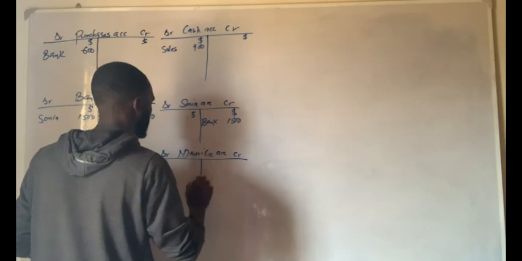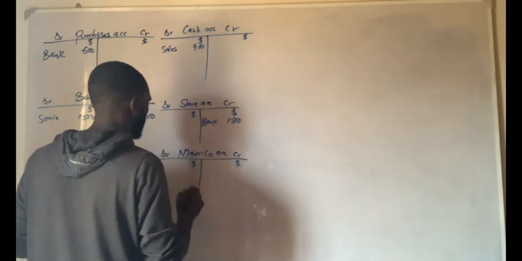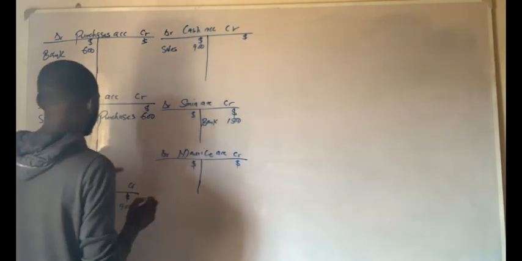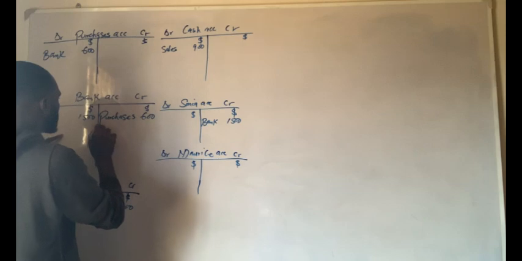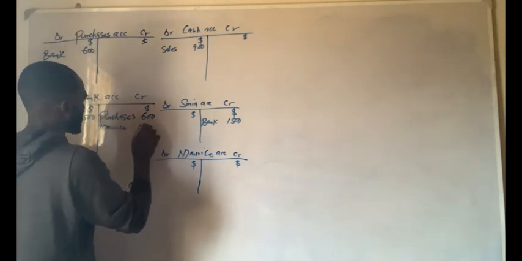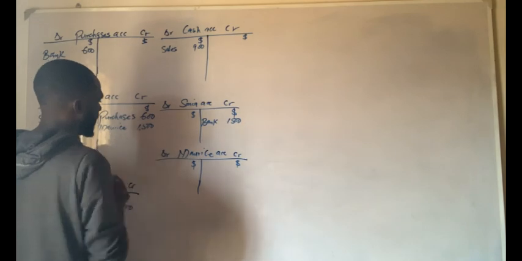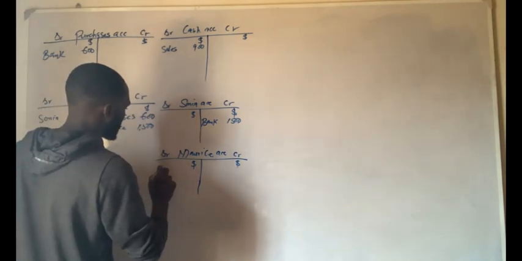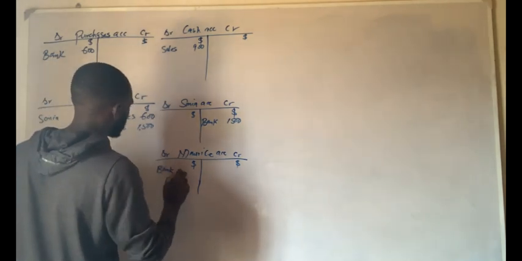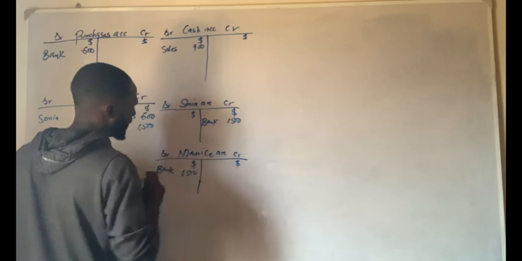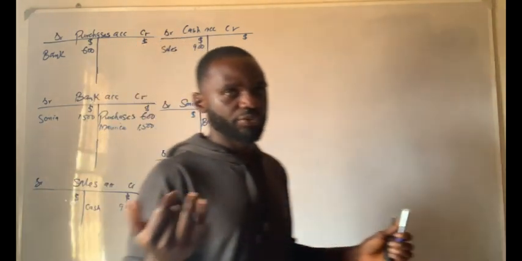Morris is receiving because banks give. So bank now gave to Morris $1,500. Okay, and then Morris received from bank $1,500. That's the double entry.